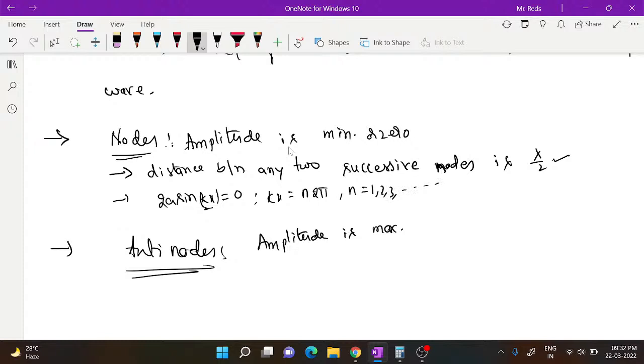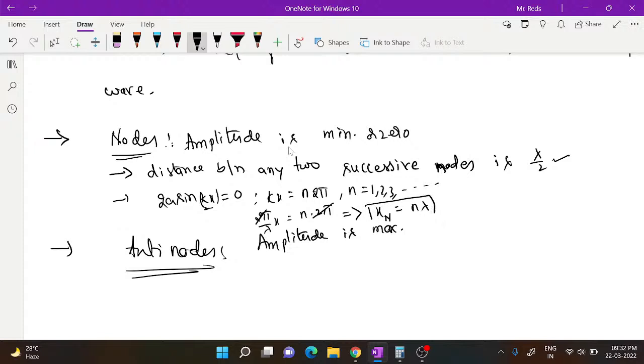Here k is the wave number, which has the value 2 pi by lambda. If you take 2 pi by lambda into x equal to n into 2 pi, and cancel 2 pi, then the positions of nodes are n into lambda.